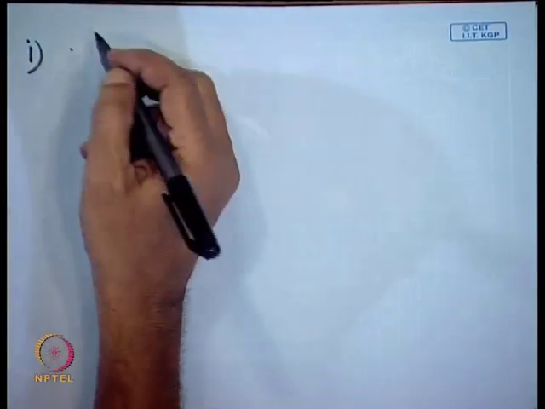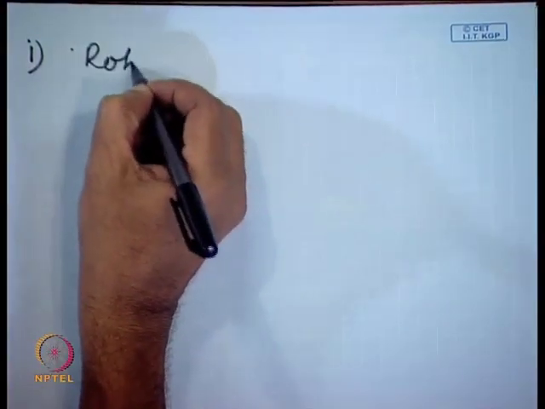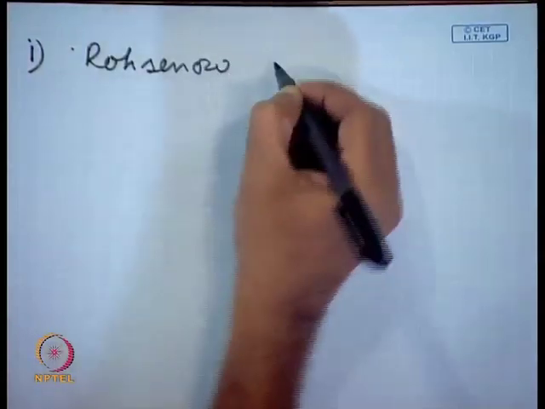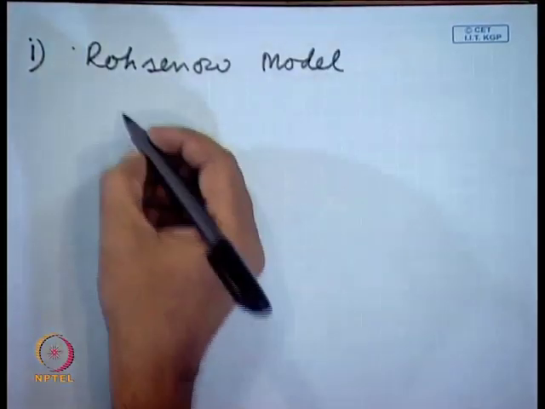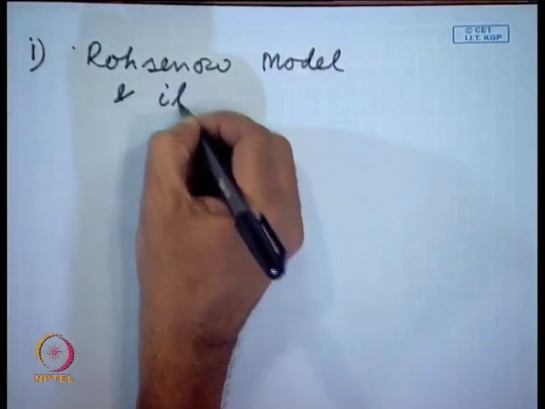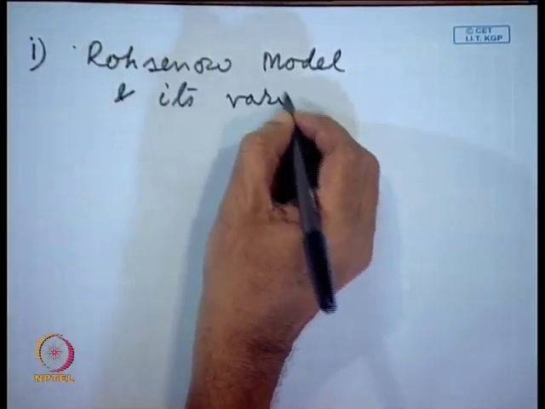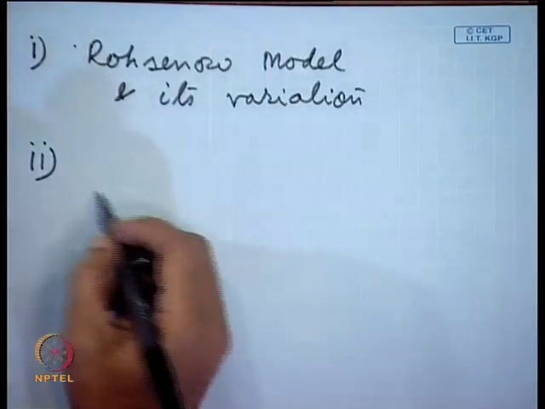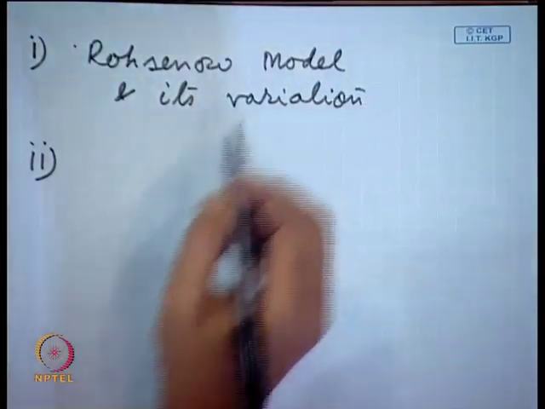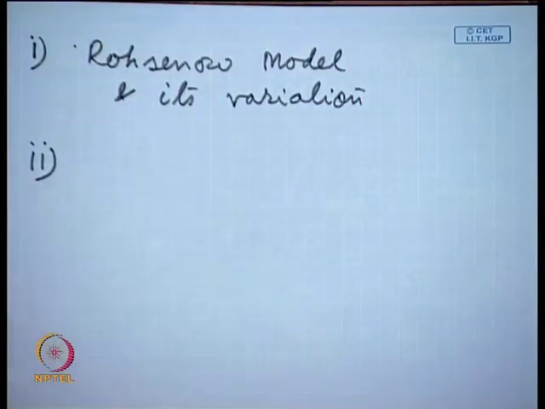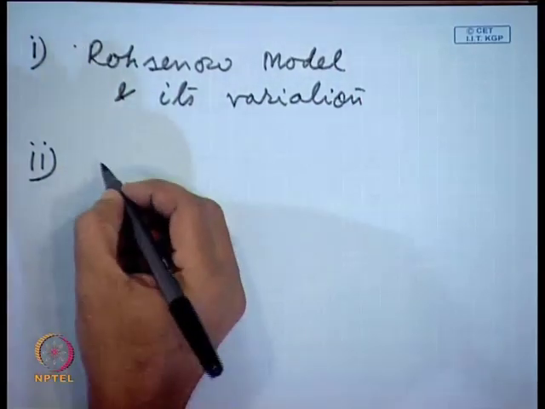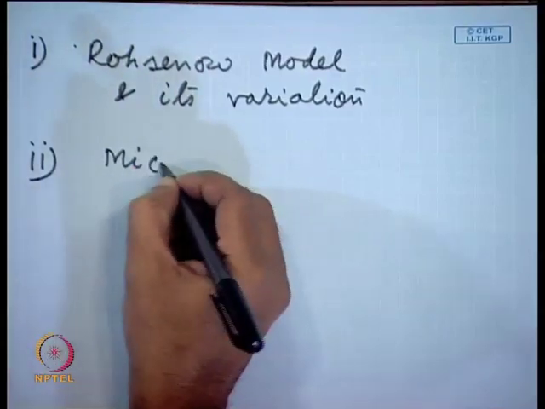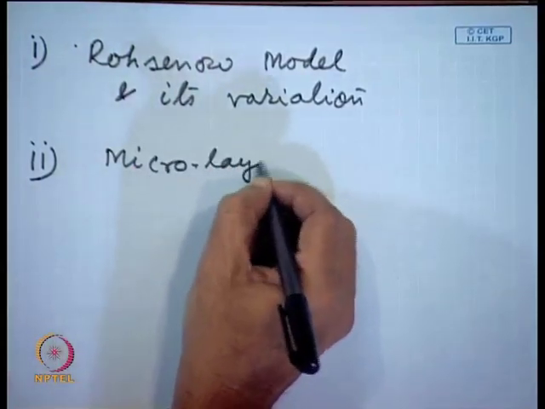To start with, I can recommend the Rosenau model, and its variations, there are certain variations of this model. The second type of model which is also showing good predictability is your microlayer evaporation model.